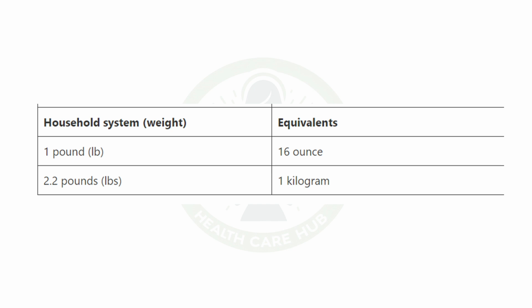Then among other household units, there is the pound. In India we usually call weight in kilos. For example, if we ask any human being in India what is your weight, they will say 70 kgs or 50 kgs. But in other countries they say it in pounds.